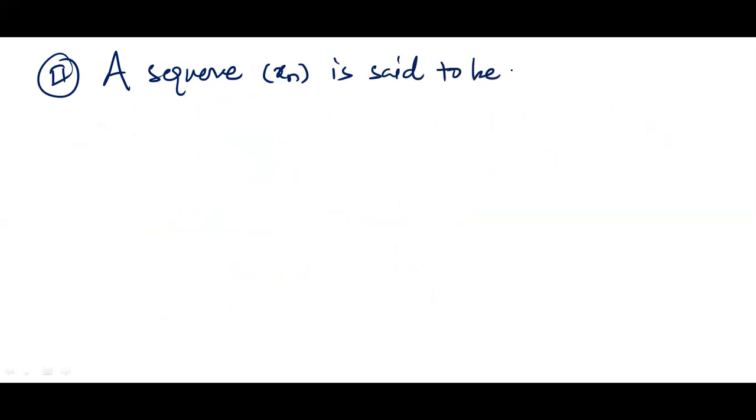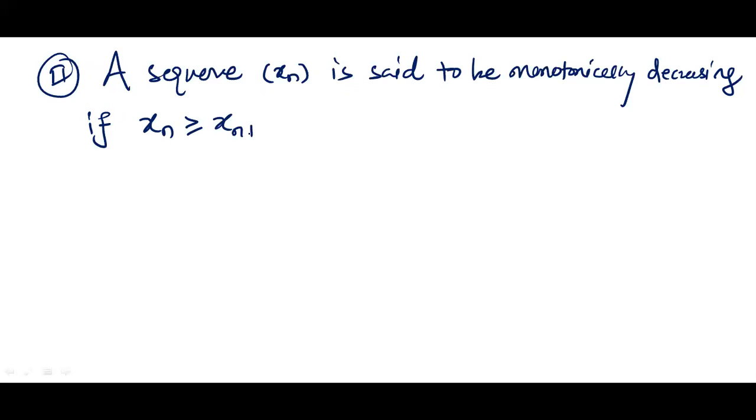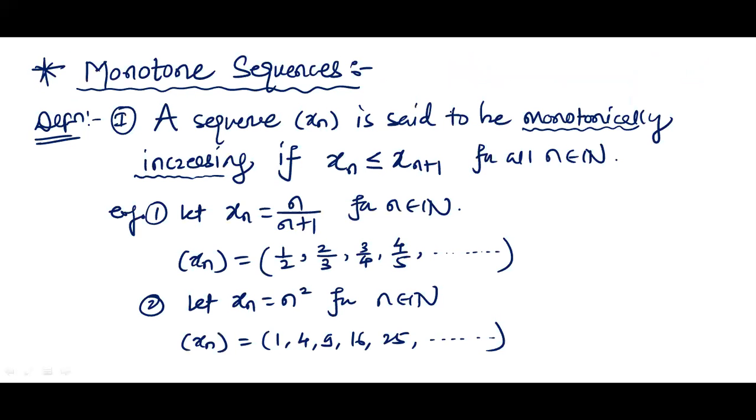Second, a sequence xn of real numbers is said to be monotonically decreasing if xn is greater than or equal to xn plus 1 for all n belongs to N. Means we have just reversed the inequality.